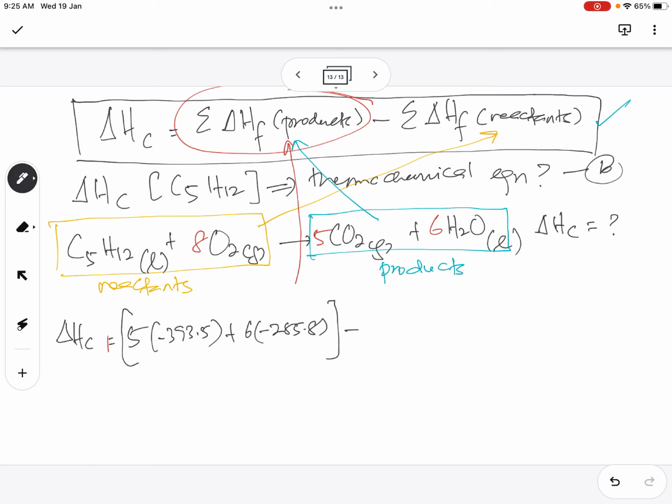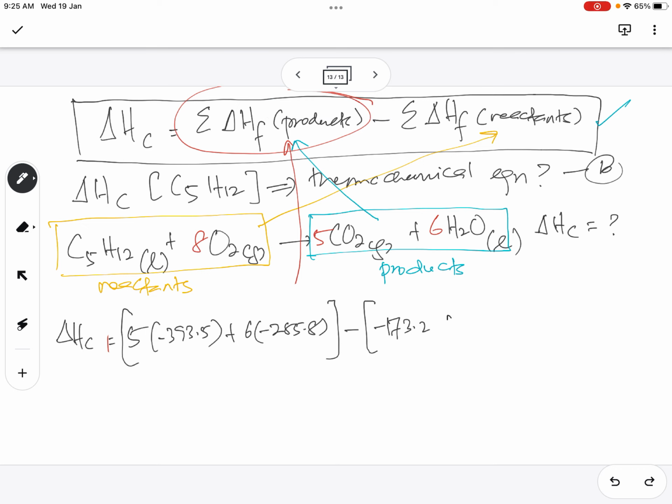And then minus. Now summation of formation of reactant. So reactant we have here 1 C5H12. So this bracket C5H12 is minus 173.2 multiply by 1 no need lah because it's same value.